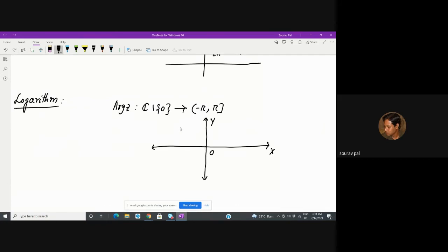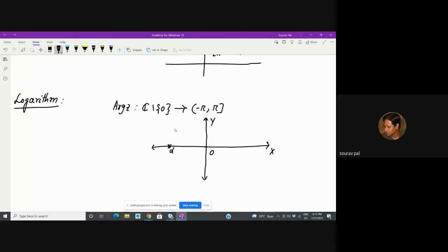The thing is that, you see, if you take any point on the negative real axis, definitely it is not defined at 0. So we just forget about the point 0. But if you choose any point alpha on the negative x-axis, then you just look at the definition.